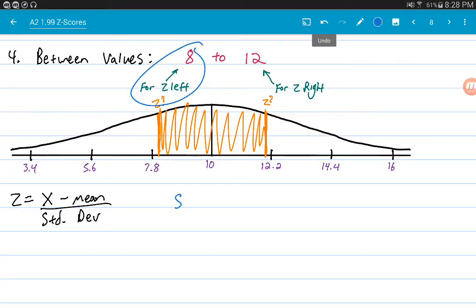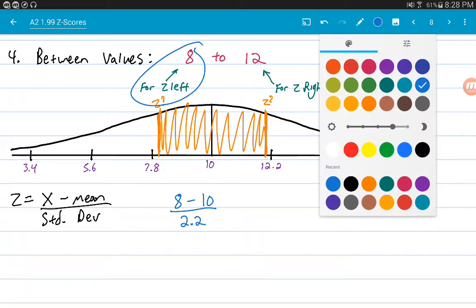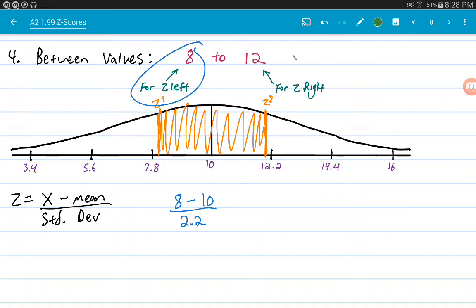I've got 8 minus the mean, which is 10, over the standard deviation, which is 2.2. I'll do this one green. I've got 12 minus the mean, which is 10, over the standard deviation, which is 2.2.